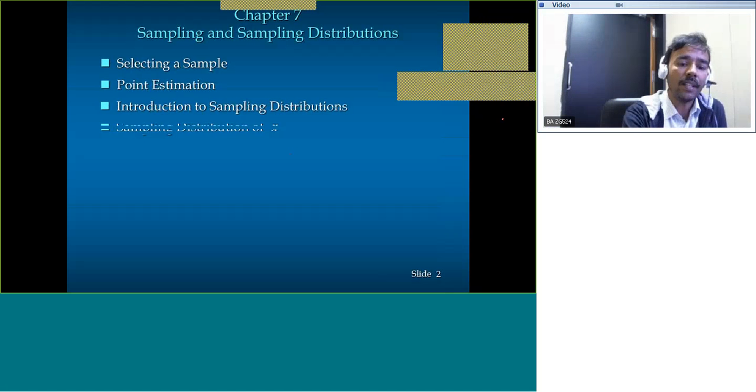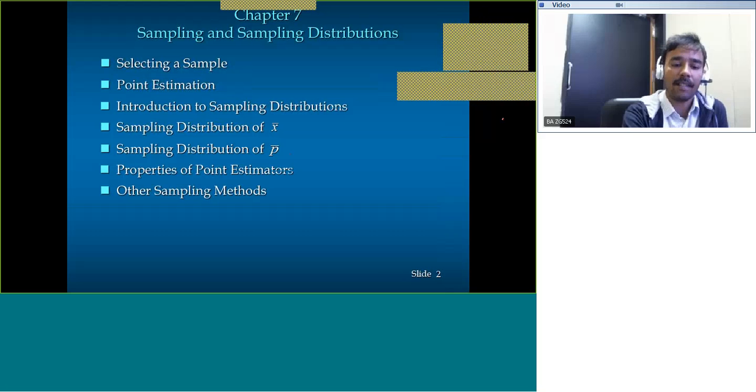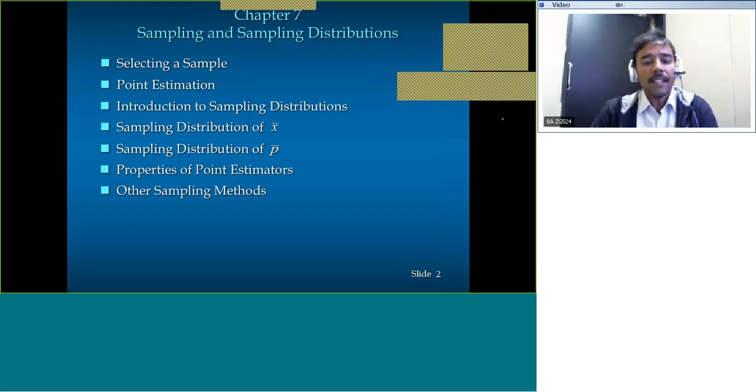The contents which we are going to study in this chapter are: selecting a sample, point estimation, introduction to sampling distributions, sampling distribution of X bar, that is the sample mean, sampling distribution of P bar, that is the sample proportion, properties of point estimators, and other sampling methods.